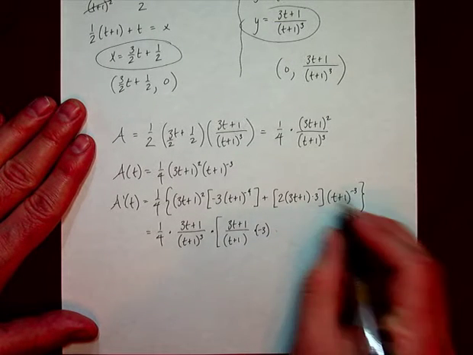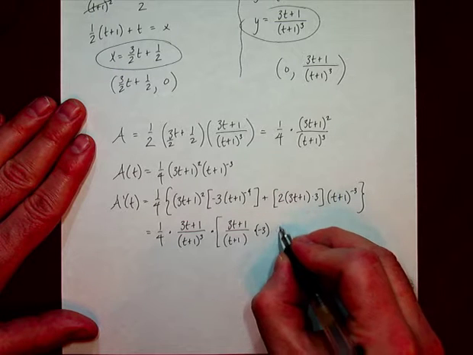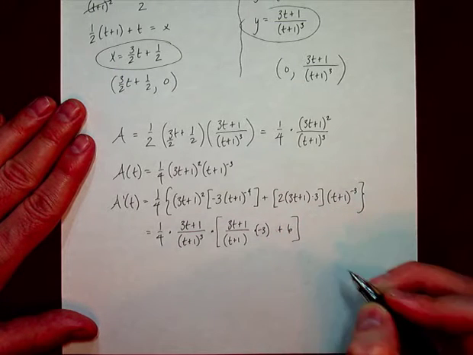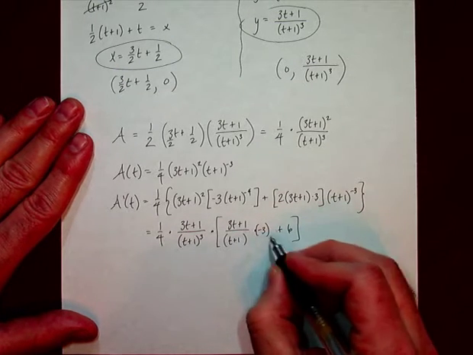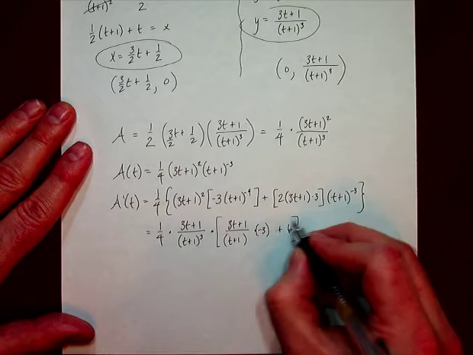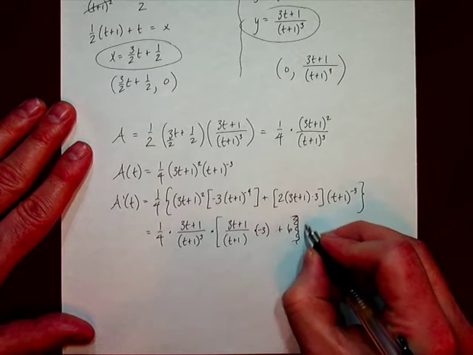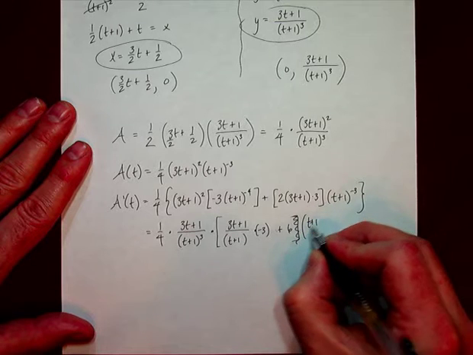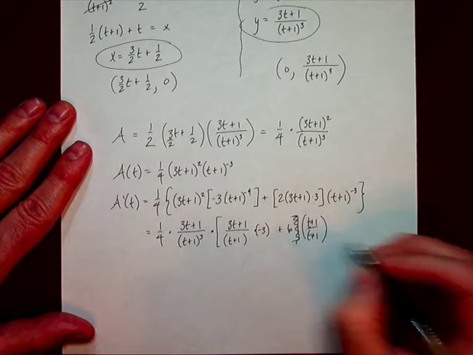In this over here, I've pulled out everything, so it's just plus 6. But I'm going to need a common denominator, so instead of just plus 6, let's multiply that by (t plus 1) over (t plus 1).